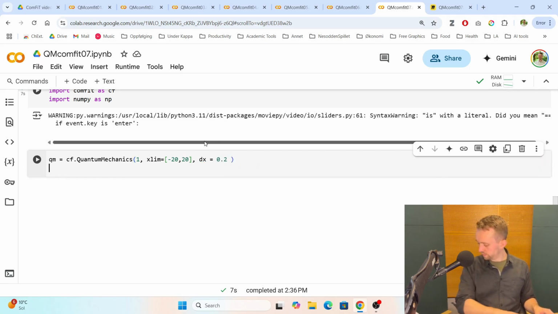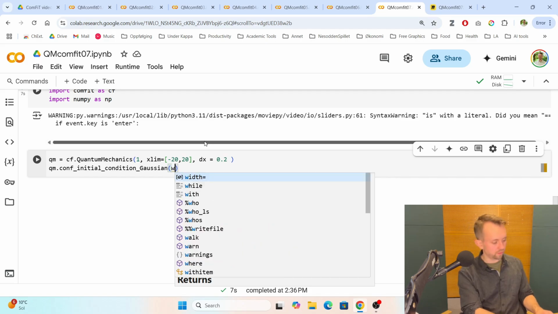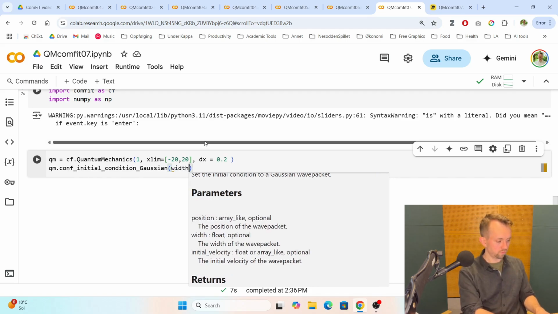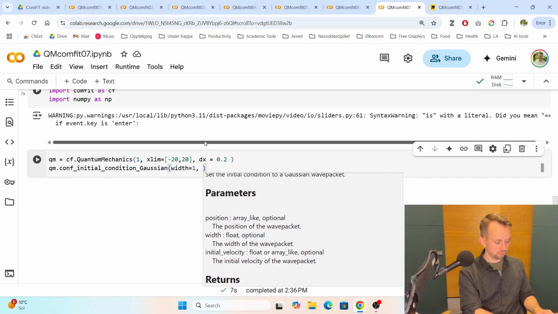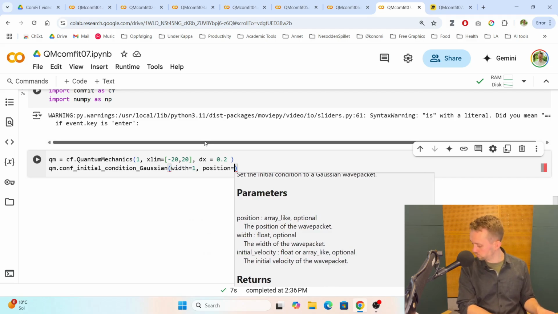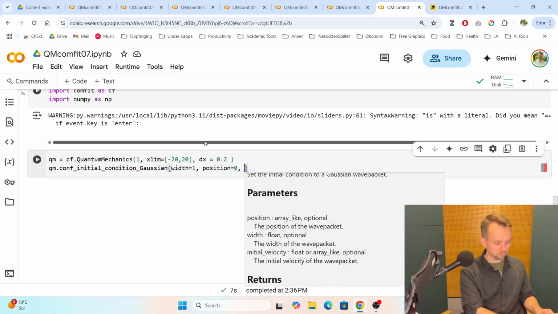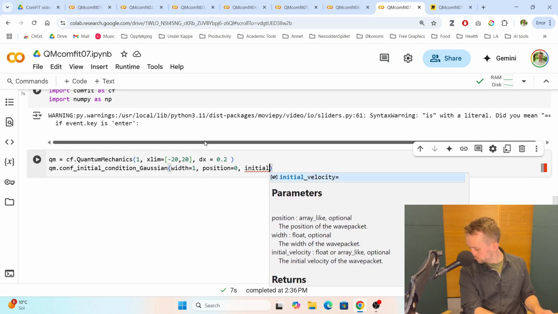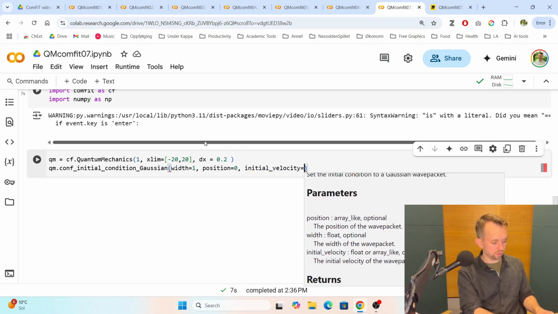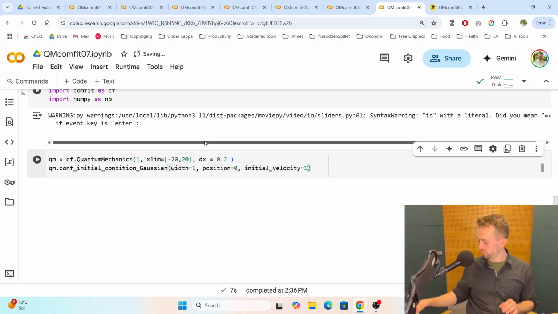And then let's just create an initial condition, a Gaussian, and we're going to set its width to 1, position to 0, and initial velocity, let's just put it to 1 for the time being.